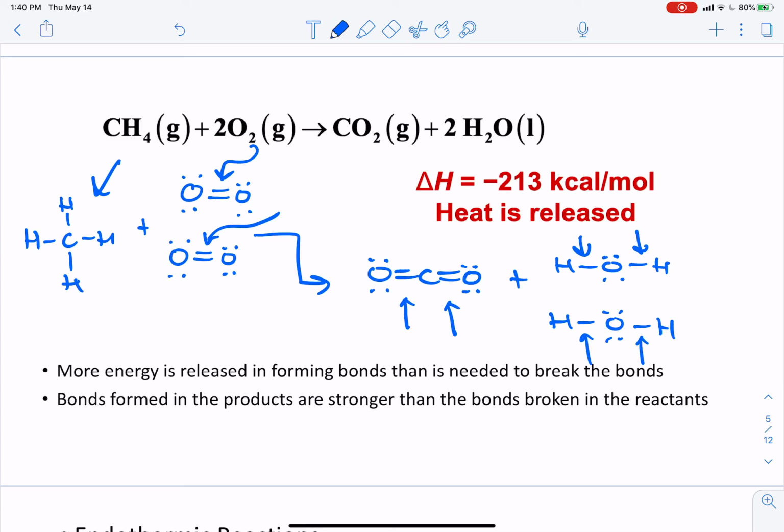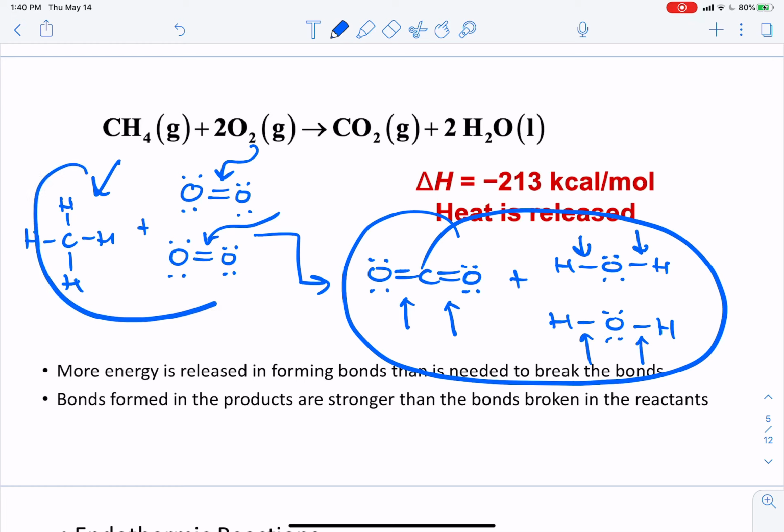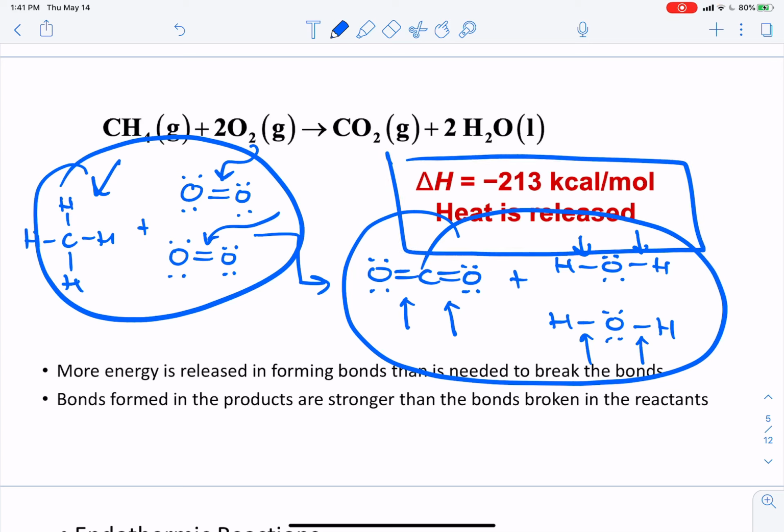hydrogen-oxygen single bonds. Now, the amount of energy that is released when you make those 6 bonds exceeds the amount of energy that you need to put into the system to break those 6 bonds right there. And the difference is a negative 213 kilocalories per mole.